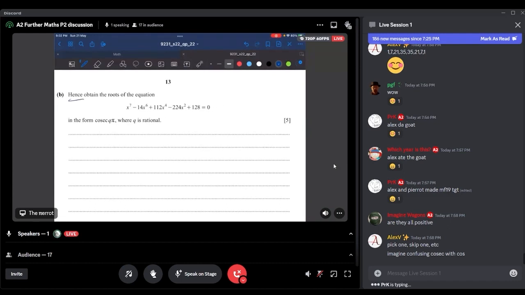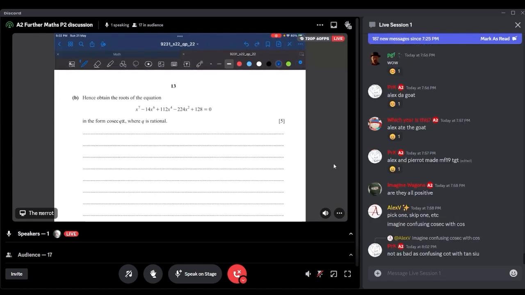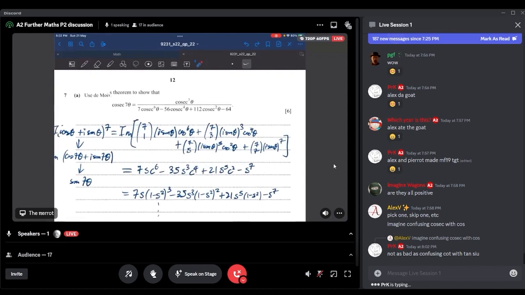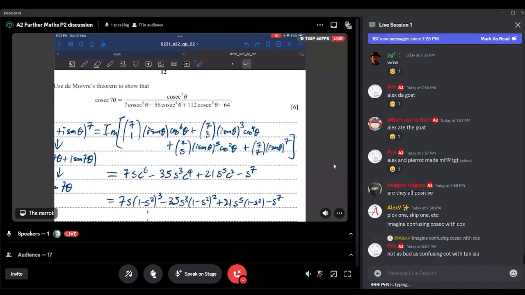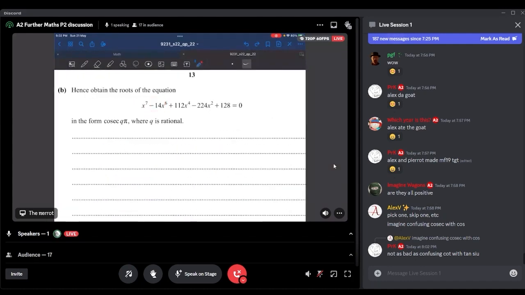So first of all, what's familiar about this question? Let's take a look at the coefficients here: 14, 112, 224, 128. If you look back here, notice that they're actually just twice the coefficients: 56, 112, 64, and here you have 14.